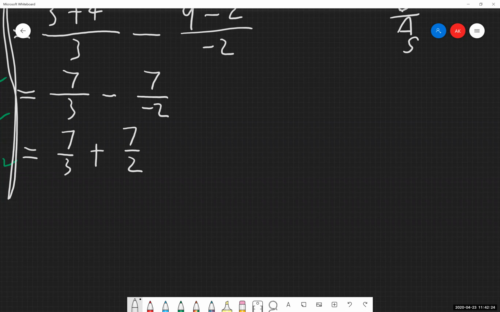More specifically, we want to find the lowest common denominator, so we don't have to work with really large, big, gross numbers. So what is the lowest common denominator for these two fractions? It is going to be 6.